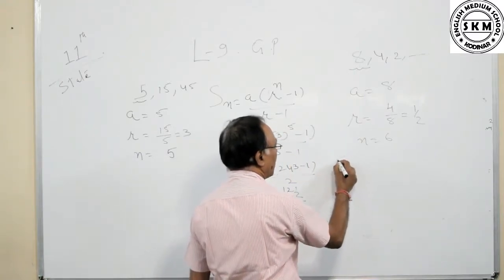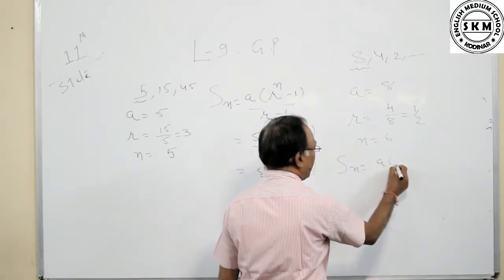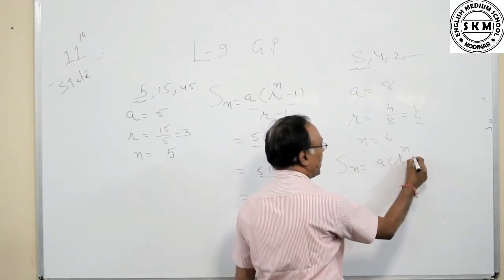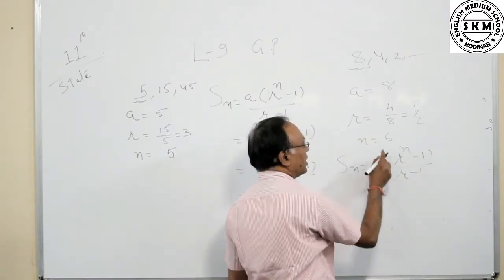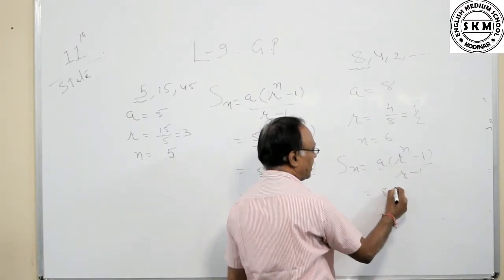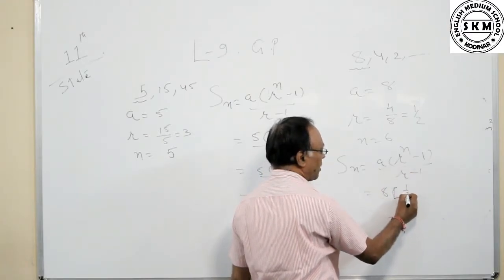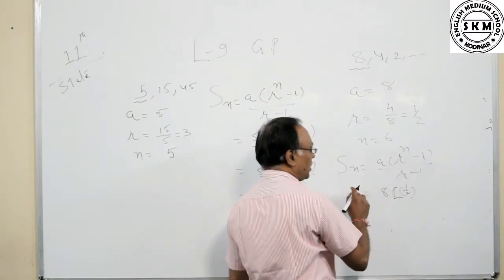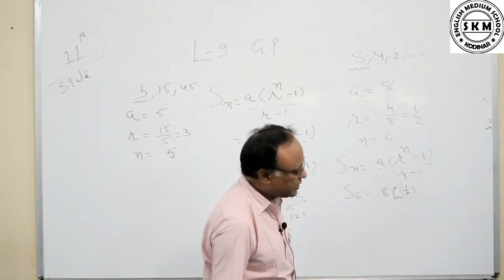And we want to find out Sn is equal to A into r raised to n minus 1 upon r minus 1. A is given 8, r is given 1 upon 2 raised to 6 terms, the sum of the first 6 terms.